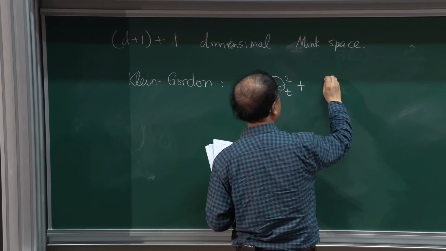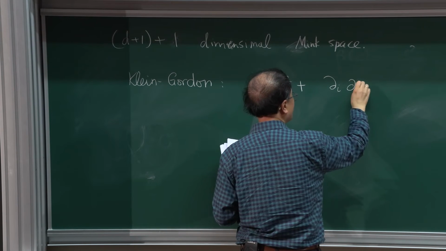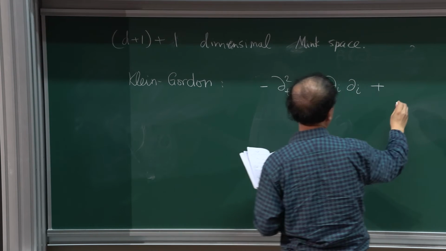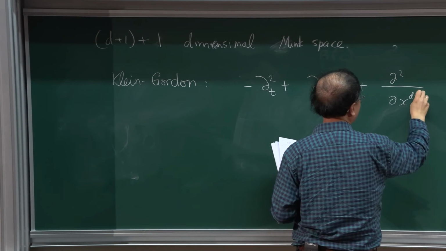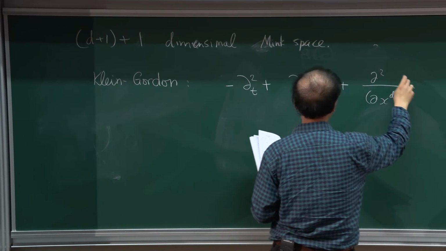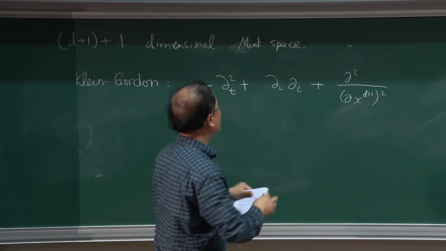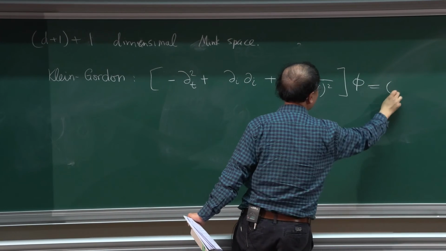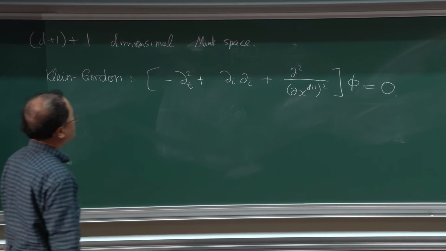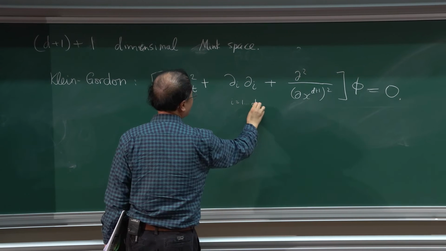So I'm going to write this as d_i squared plus d squared over dx_{d+1} squared, so I single out one particular last coordinate, d plus 1, times phi is equal to 0. Here the sum over i is from 1 to d.